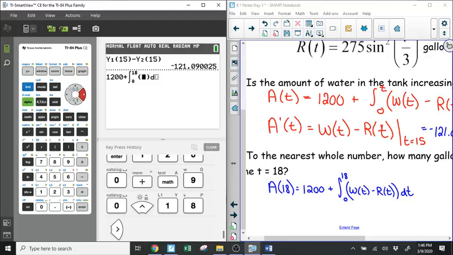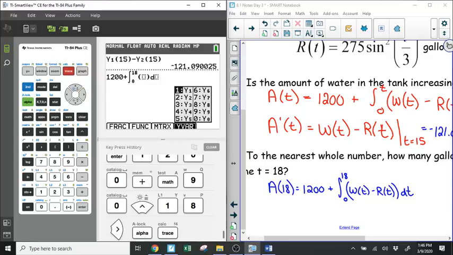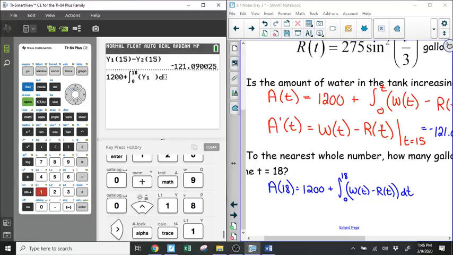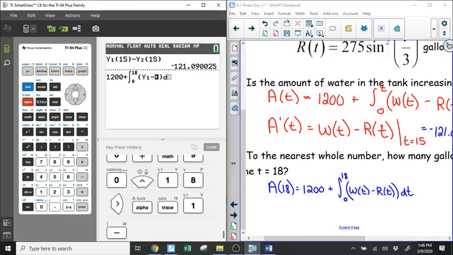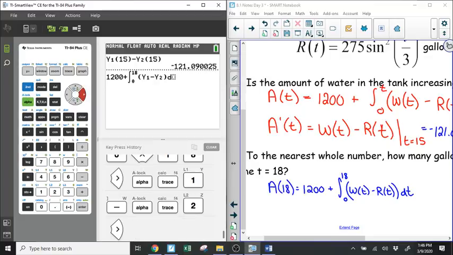So I can insert those in here. Y1 is w of t minus y2, which is r of t. Notice I am not evaluating them at any particular place because the integral is going to evaluate them at 18 and at 0 for me. So I'm not putting in specific numbers there. Otherwise, they would become constants. They are just functions. Hit enter.